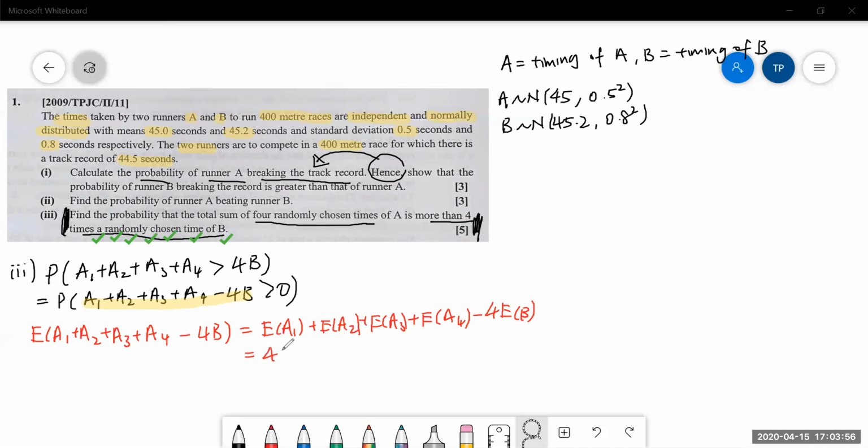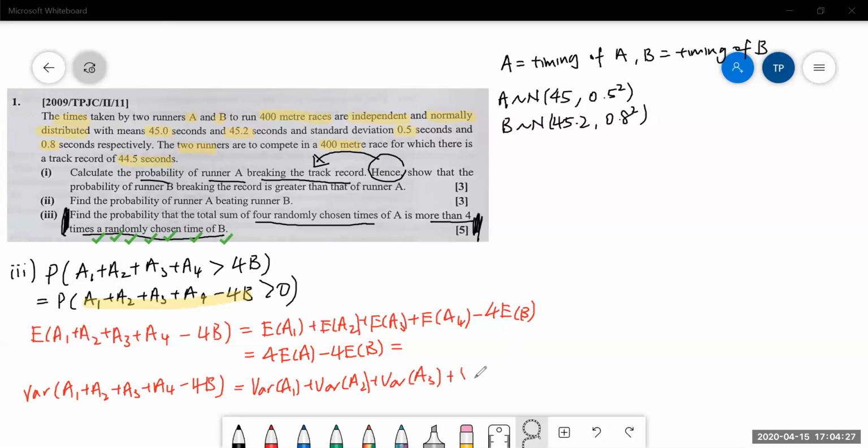In other words, this is actually 4 times expectation of A minus 4 times expectation of B. It's a negative value, doesn't matter. Negative 0.8.